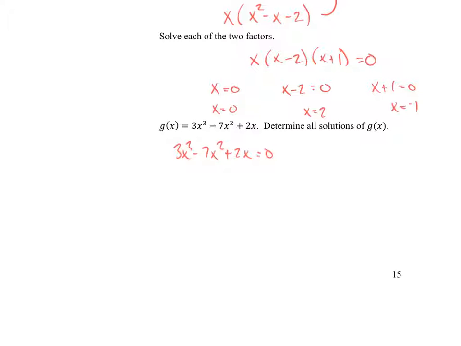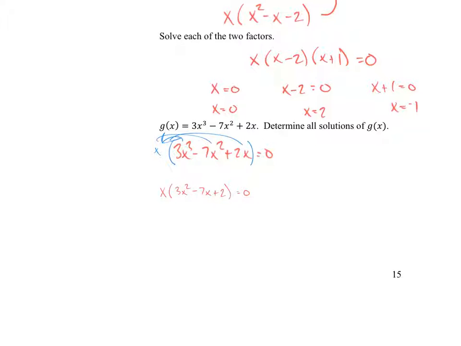So what I'm going to do is just factor out an x. So now I have x times 3x squared minus 7x plus 2 equals 0. And that just resulted from taking that x out of there. We divided every term by x.